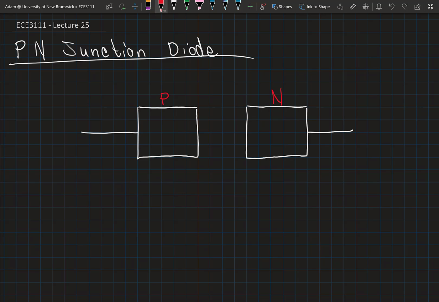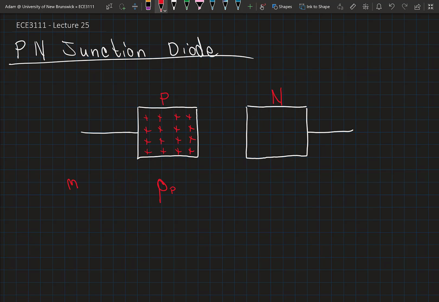Okay, so we know that when a material is doped to be P-type, we end up with an excess of holes due to adding impurities that are trivalent, or have 3 valence electrons, which end up resulting in a hole that is not bound, and thus we get what we refer to as our majority carriers that are holes in our P-type material.